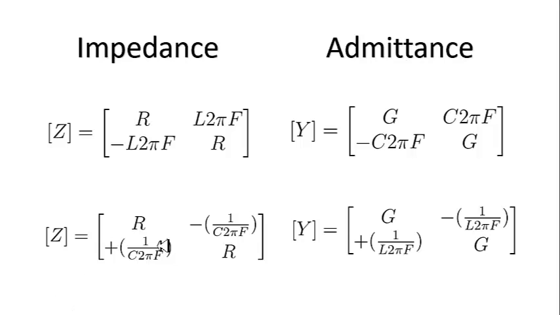And then of course you've got the reciprocals. You plug in the reciprocals when you have a capacitor. When you want to calculate impedance and you have a capacitor, you use this equation. And when you want to calculate admittance and you have an inductor, you use this equation. This might actually be easier for someone to remember because it's got the equation for the reactance and the equation for the susceptance built into the matrix.